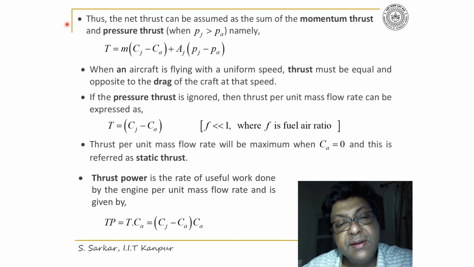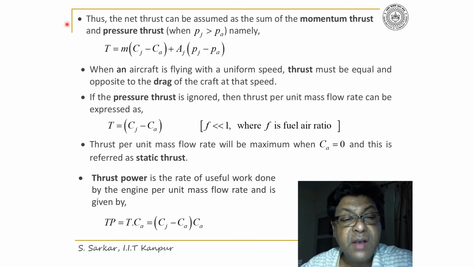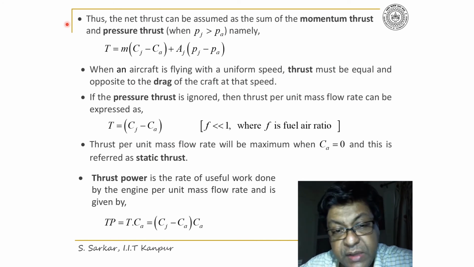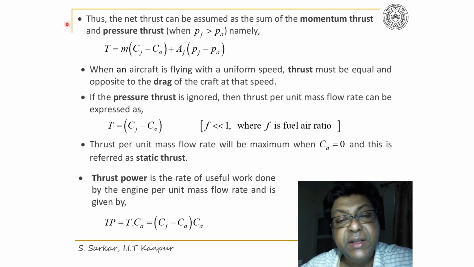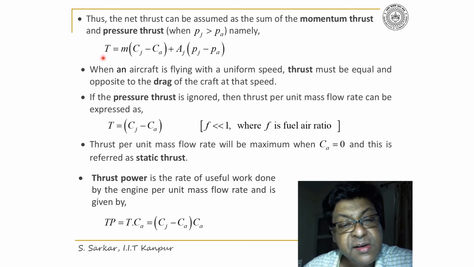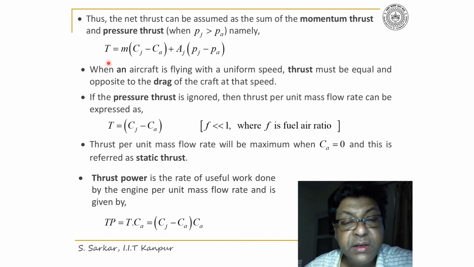Thus, the net thrust can be assumed as the sum of the momentum thrust and the pressure thrust, as indicated earlier. Here Pj is greater than Pa, and thus thrust T can be stated as m into (Cj minus Ca), which is equal to momentum thrust, plus Aj into (Pj minus Pa), that's the pressure thrust.